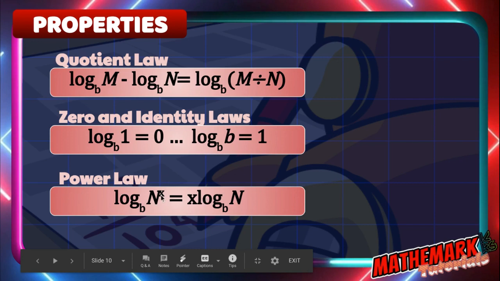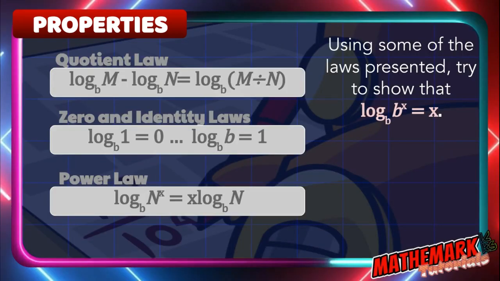Do take note that what you're raising here is only n, not the whole expression. That is one of the misconceptions. And using some of the laws presented, can you try to prove and show that log of b raised to x to the base b is equal to x? I will wait for that.